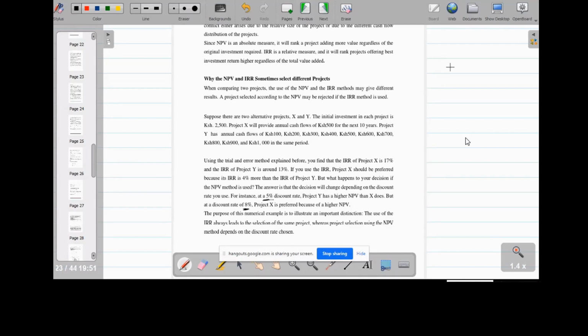You will compare both projects at 5%, both X and Y. Compare again the same projects at 8%, X and Y. In this case, NPV will give you conflicting answers in terms of acceptance.